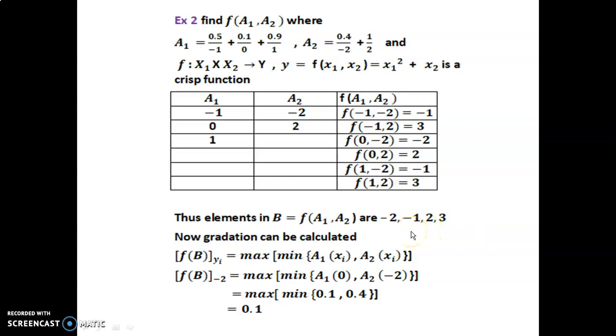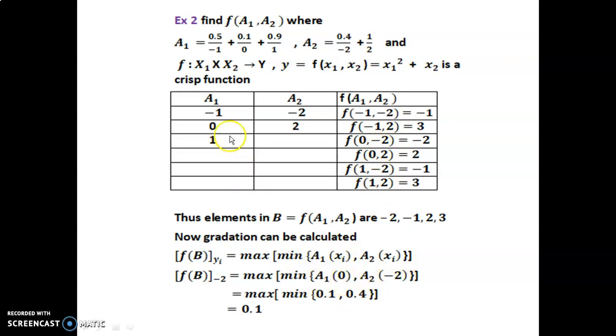Now we will obtain grades for these elements by using this max-min formula. First element is -2. So maximum, minimum, A1. This -2 is defined for only one pair, this element. So A1 of 0 first, and second is -2, so A2 of -2.